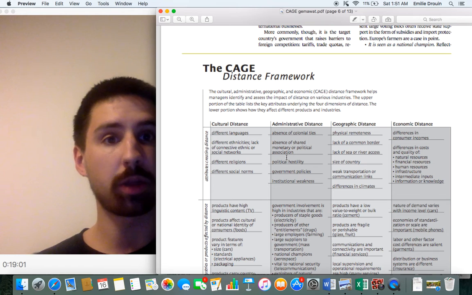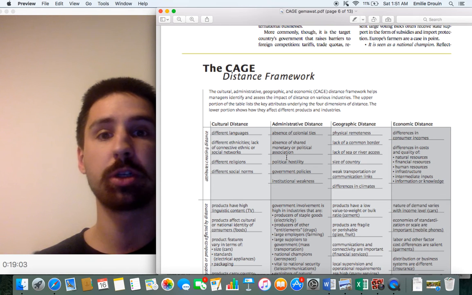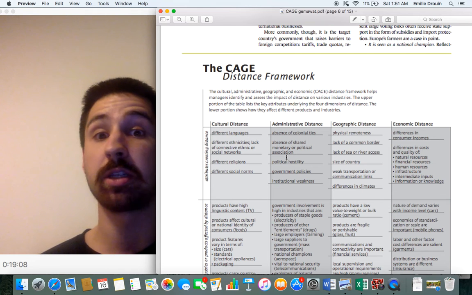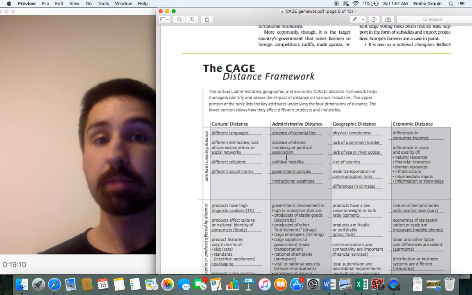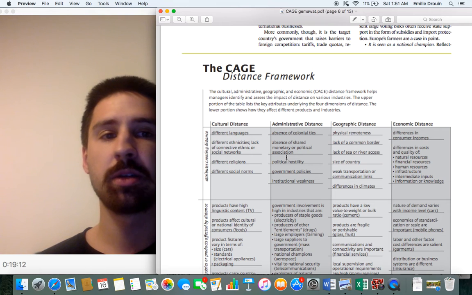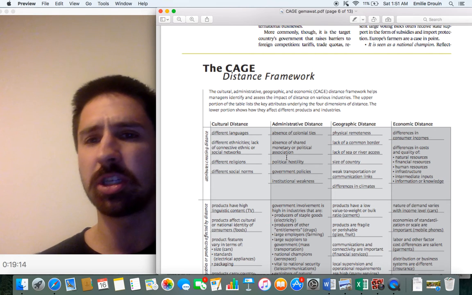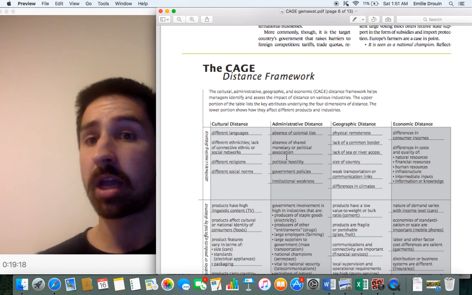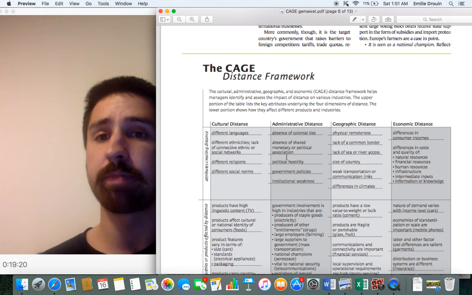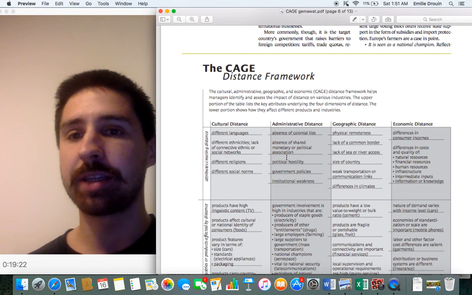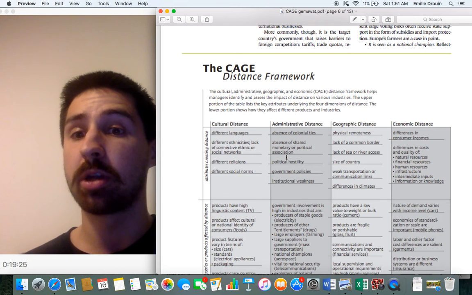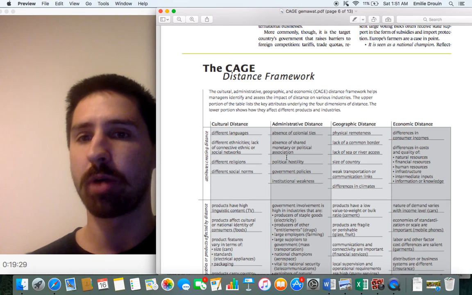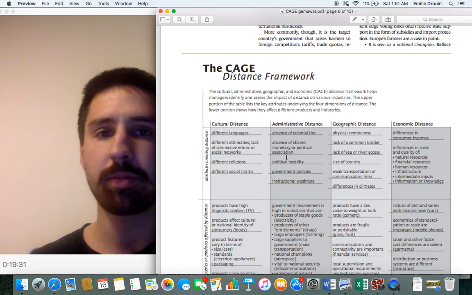So, luckily, I was able to do some research, and I found out that before they go there, they better be careful for things like cultural distance, administrative distance, economic distance, not just geographic distance. You know, differences between their cultures and the ones that they primarily serve right now, that they'll be able to see, analyze, and better react to before they go in, as I think they should.